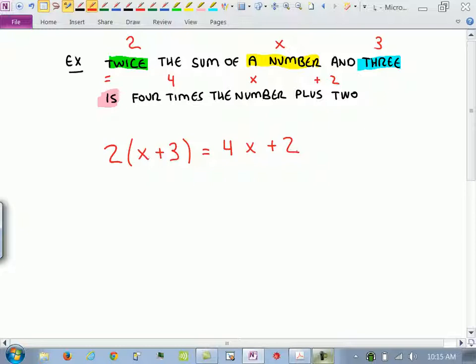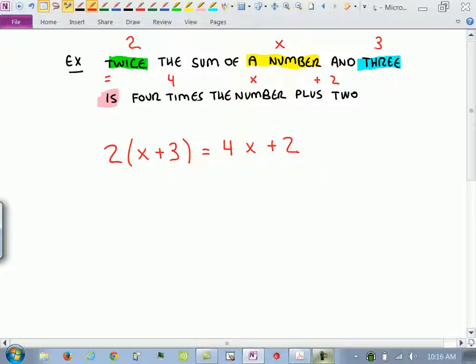Look at, the first one says twice what? Twice a sum. So I want to double a sum, don't I? That sum needs to be in parentheses. The other side says what? 4 times what? The number. That's 4x. Then after that, plus 2. So you only want to multiply the x times 4 and then add 2.